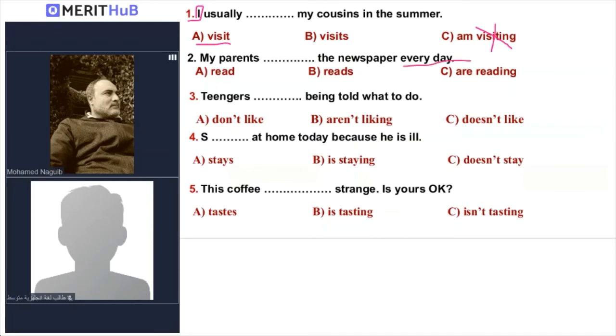So it's a repeated action, a routine that my parents do every day, or habits. So I'm going to choose between read and reads. Your answer is yes, that's right. Read.